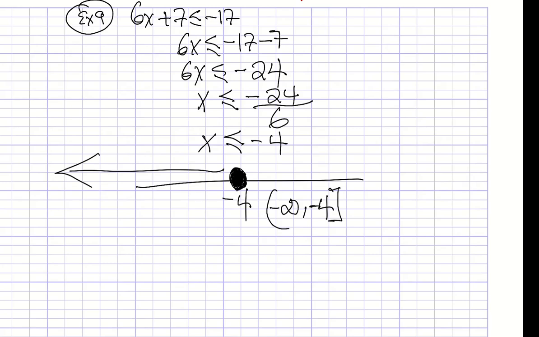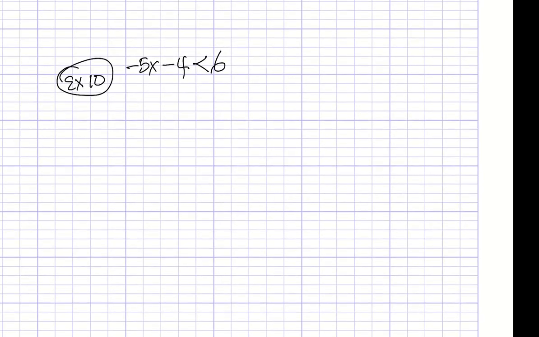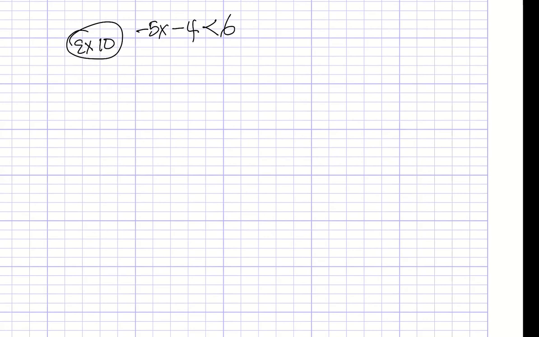Let's kick it out. Number 10 says negative 5 times x minus 4 is less than 6, okay? So we kick that out. What do we do there?